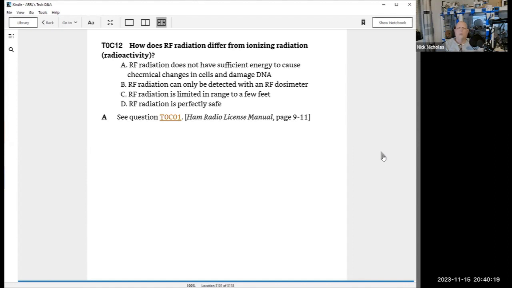The physical particles do more damage quicker. The long-term RF exposure can slowly affect your cells. And that's why we have these regulations. I don't know that I like this answer, but it's the one we have to go by.